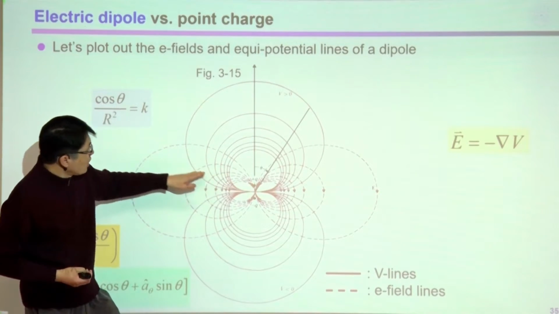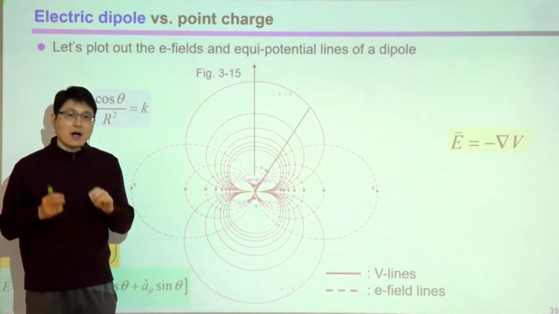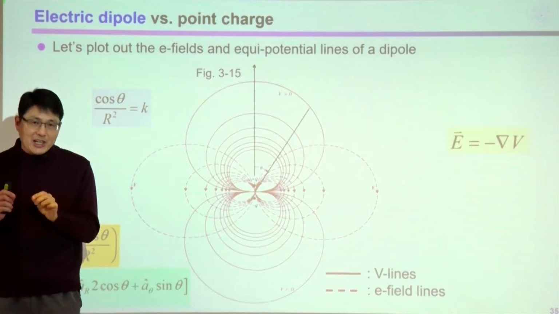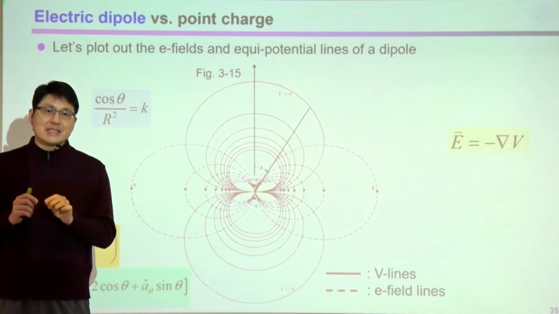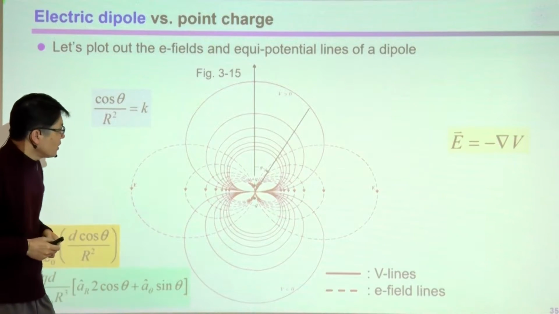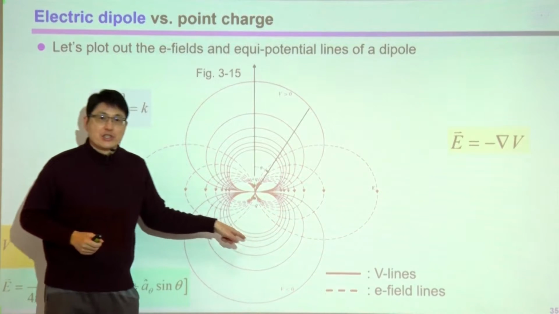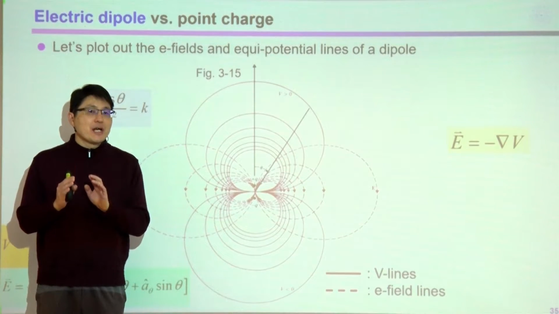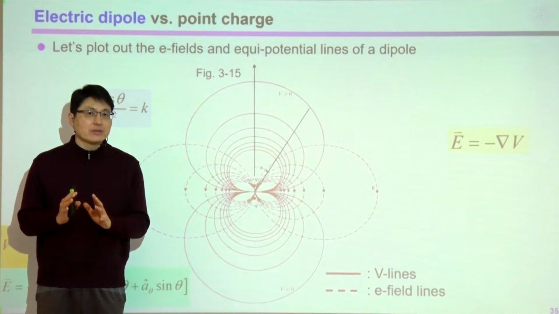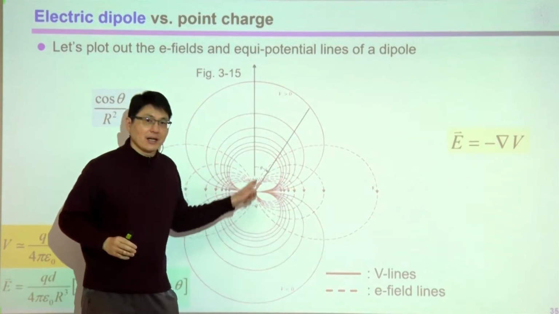All these circular structures in the solid lines are the electric potential set up by these two charges. On the other hand, the dashed lines show the resulting electric field intensity. So these are the E field lines.